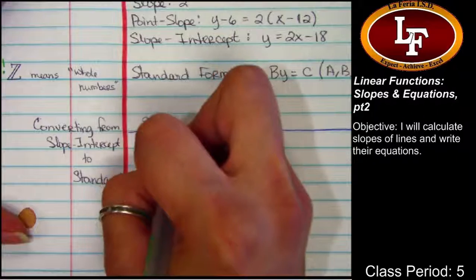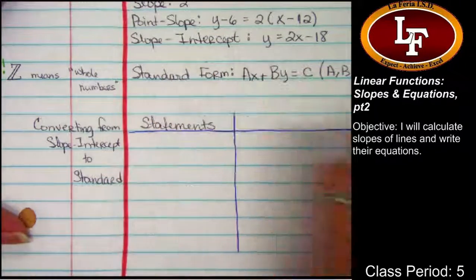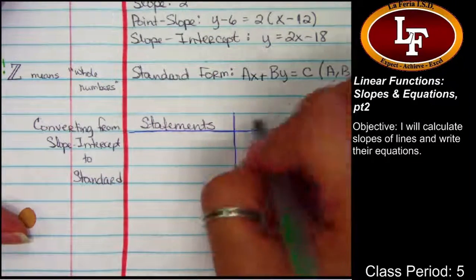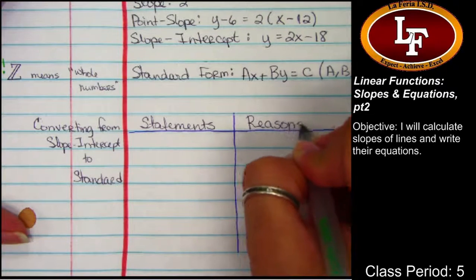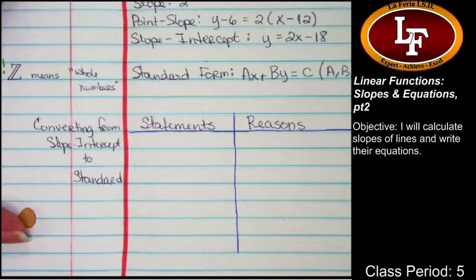The workspace, I'm going to call statements. And the right-hand space that tells me why I do stuff, I'm going to name reasons. So this is your 2-column statement reason format.